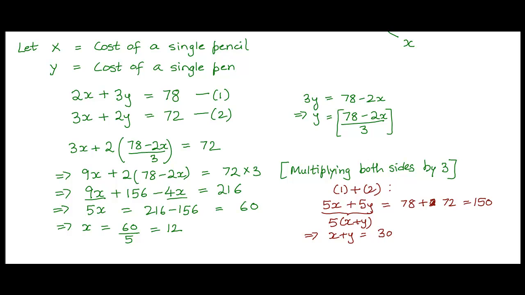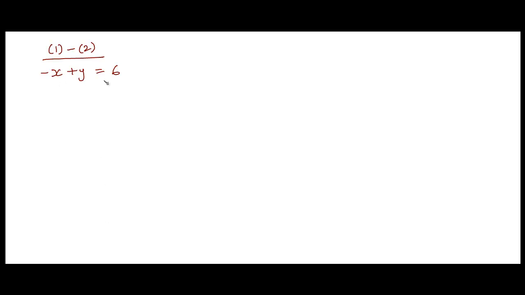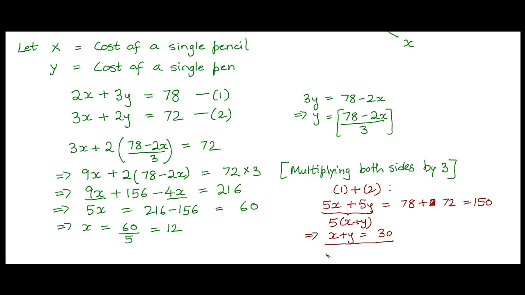So x plus y is 30 and minus x plus y is 6. Let me write that down here. Let's call this equation 3 and this equation 4.